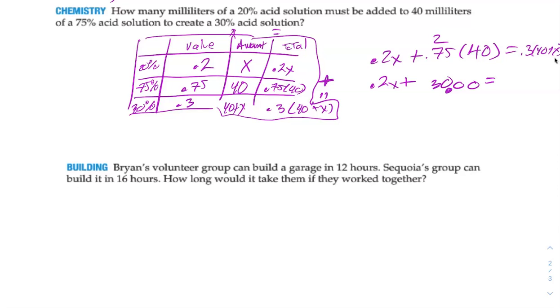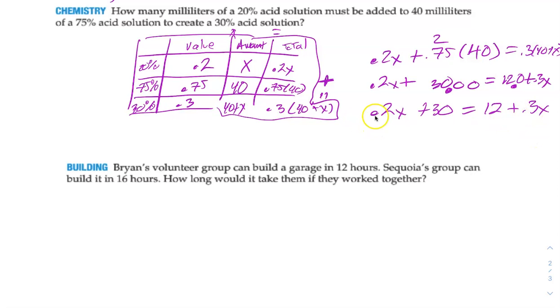Sorry, that's 120, but 1 spot beyond the decimal, and then plus 0.3x. Like that. And then we do what we always do. I'll maybe rewrite so it's a little easier to see.